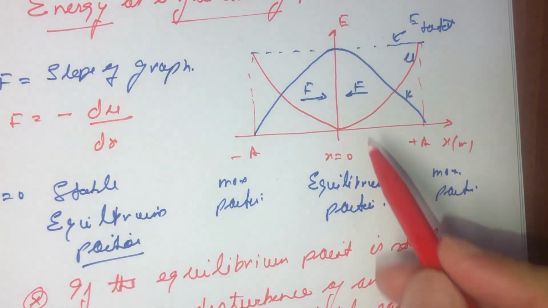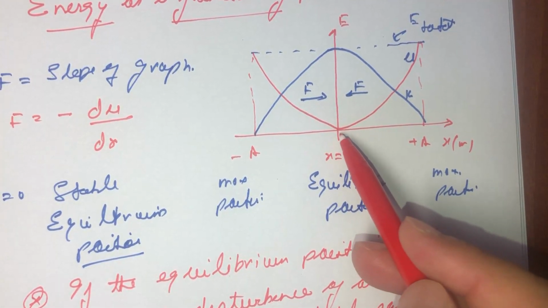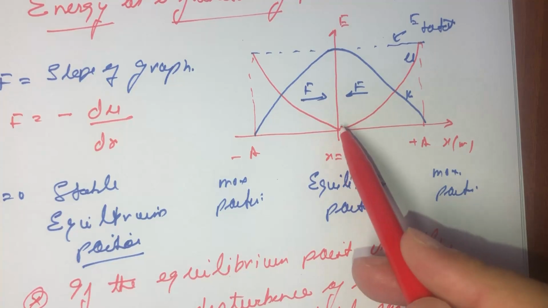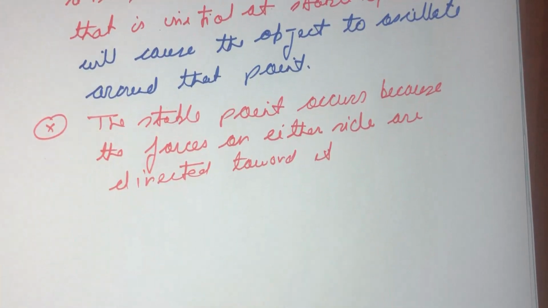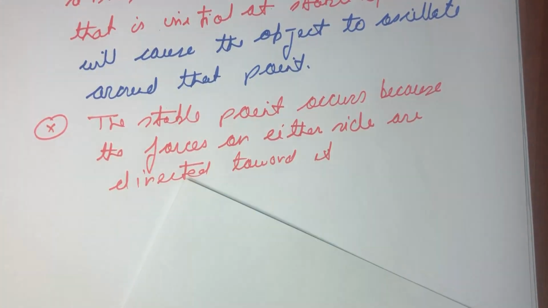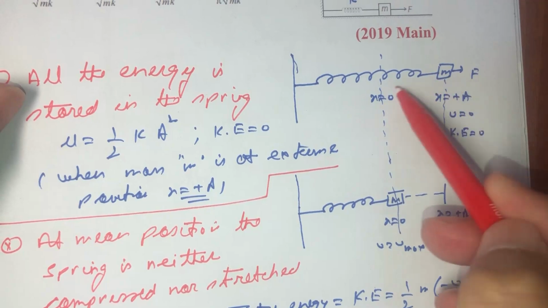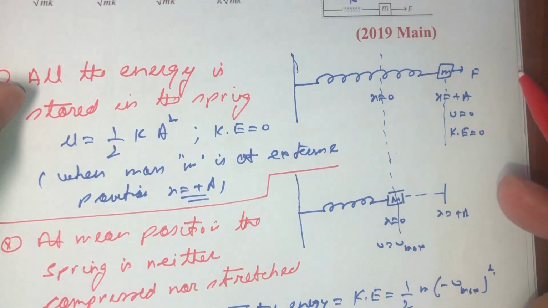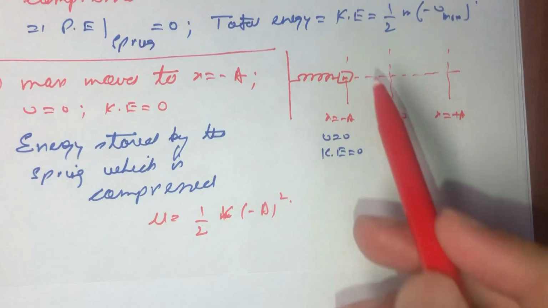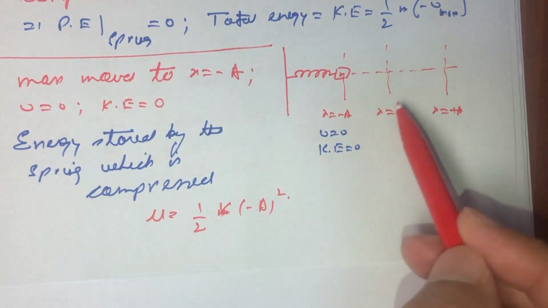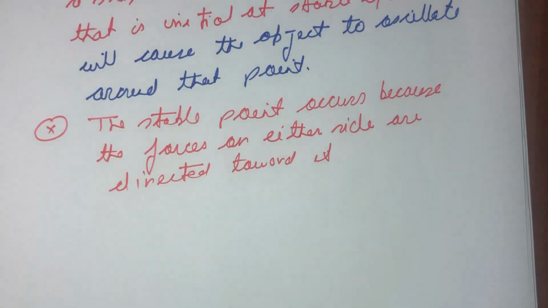You can see from this figure also, this is our equilibrium stable point, and forces are directed towards the stable point. And this is also true in case of the spring. The spring is going to exert a force toward the stable point when it is extended, and when it is compressed, it is once again going to exert a force toward this mean position, that is the stable point.